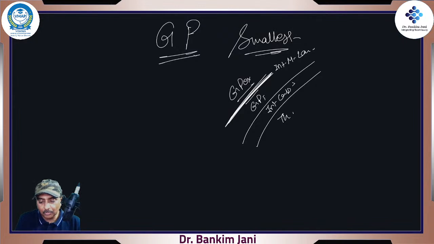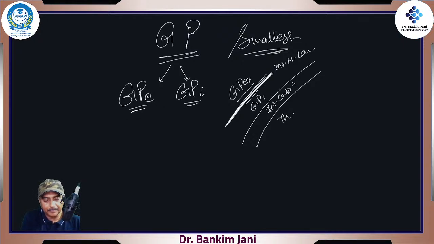So globus pallidus we divide into two parts, GPE and GPI. Think of it like I is for inhibitory, and E is for excitatory.